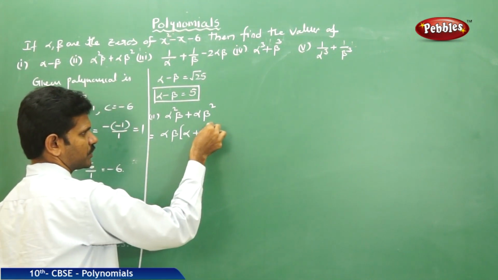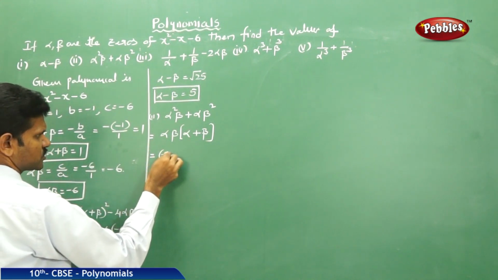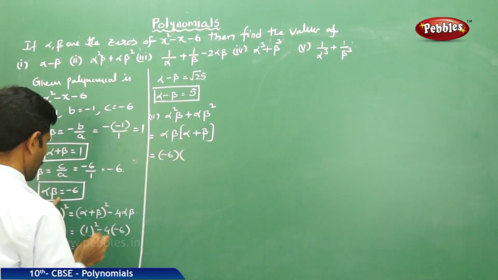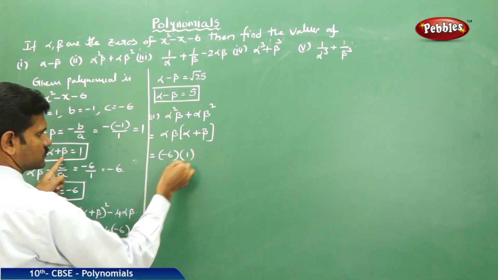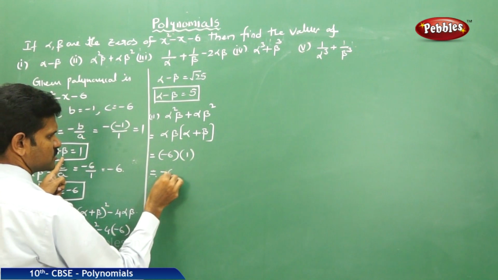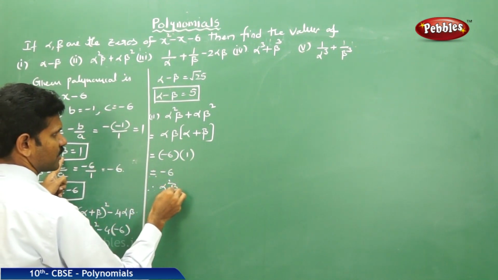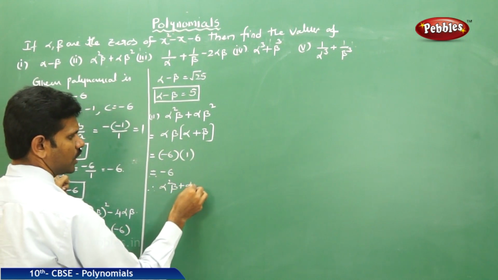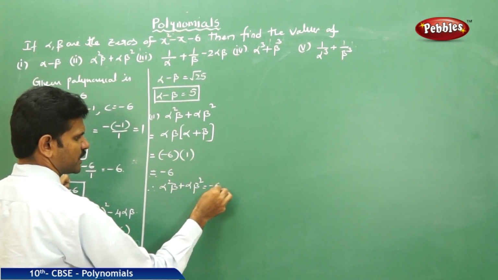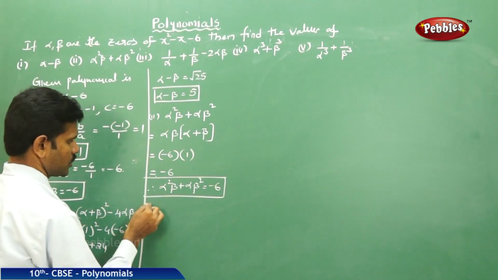Therefore alpha beta value is minus 6 and alpha plus beta value is 1. Therefore the answer is minus 6. Therefore alpha square beta plus alpha beta square is equal to minus 6. Second part completed.